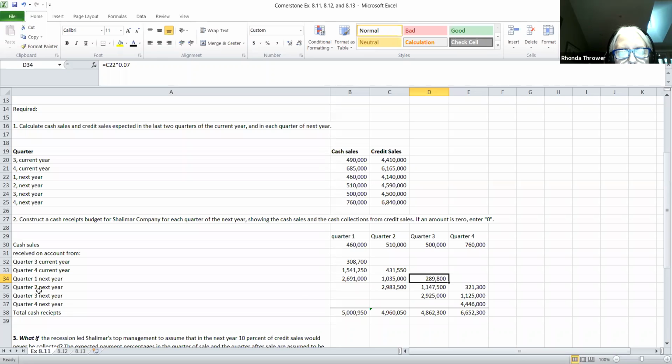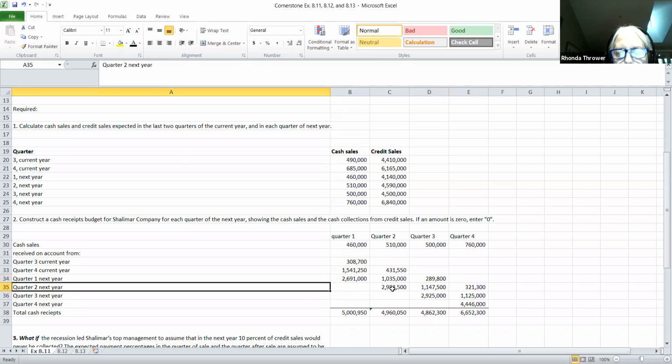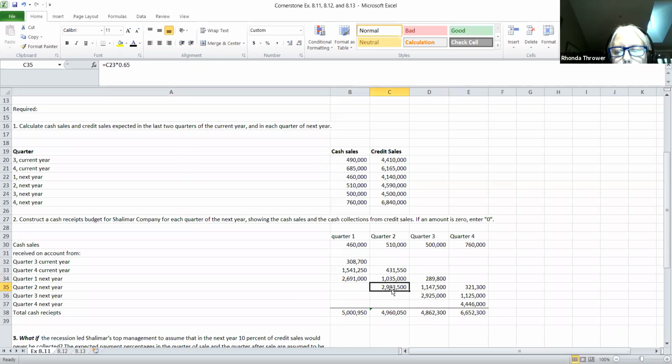Moving on to quarter two of next year. Quarter two of next year, we would have collected 65% of our credit sales. So quarter two of next year is in cell address C23. We're going to multiply C23 times 65%, and that's how you get this figure here.